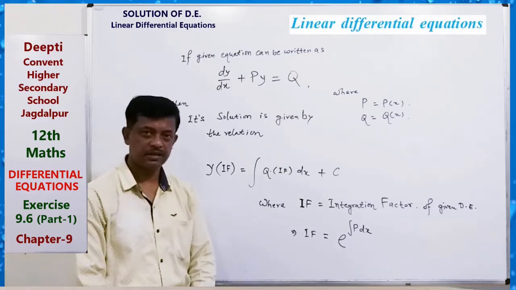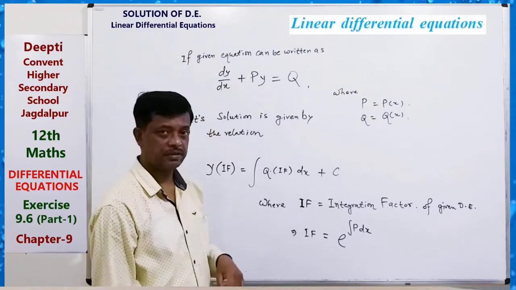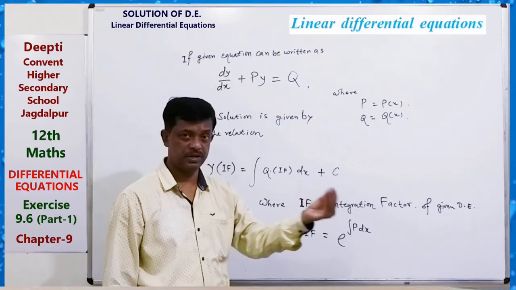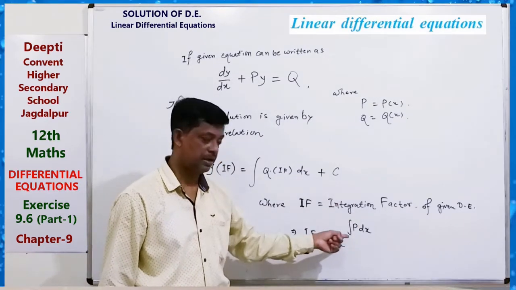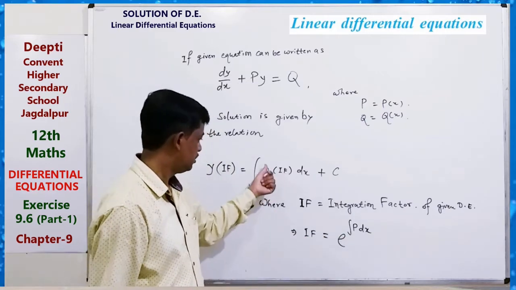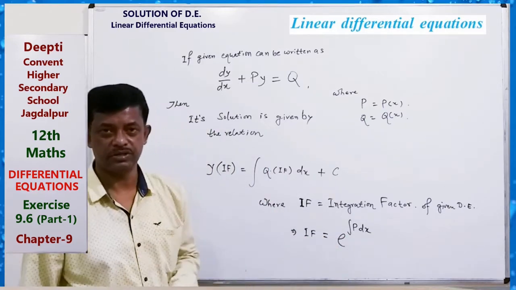First, write the equation in this form, get the values of P and Q, find the IF, then write its solution in this form, solve this integral, and you get the general solution.